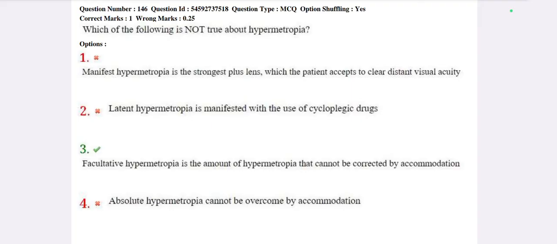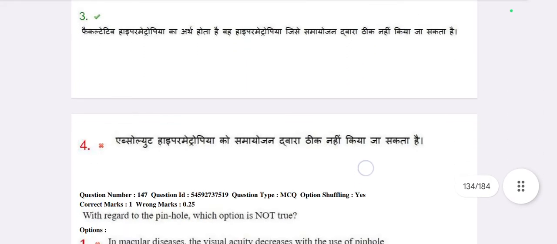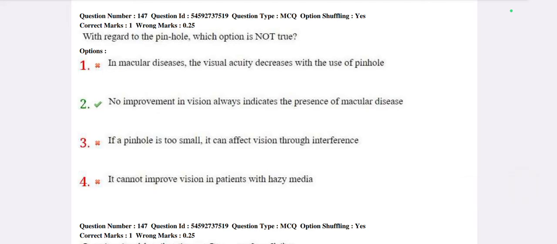Correct answer is facultative hypermetropia is the amount of hypermetropia that cannot be corrected by accommodation. Our next question is, with regard to pinhole, which option is not correct? Answer is no improvement in vision always indicates the presence of macular disease.